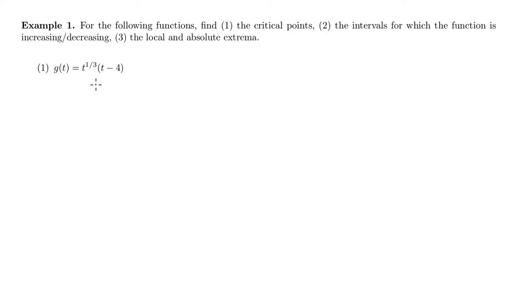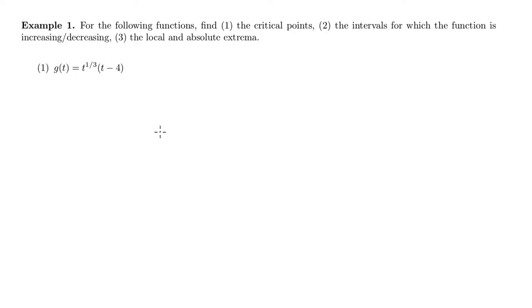But because it's t to the 1/3, it's an odd root, we can actually plug in positive and negative numbers and 0, no problem. Okay, so we want to look at how the first derivative test allows us to describe the shape of this function, specifically where the local extrema are and where the function is increasing or decreasing.